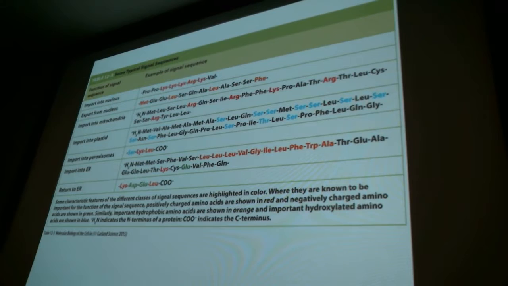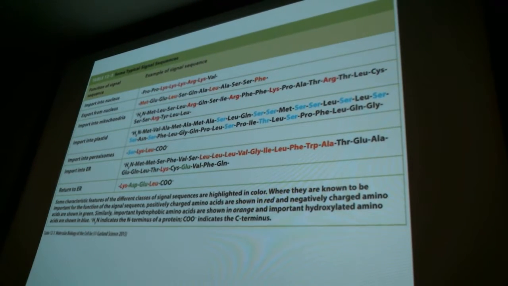And I'll just talk to you a little bit about the nuclear import, because this is pretty different. We were talking up to now about signals that take a protein that is on the cytosolic side being synthesized and across a hydrophobic bilayer into the lumen of the ER. So proteins also have to go in and out of the nucleus, but the way they do this is very different.